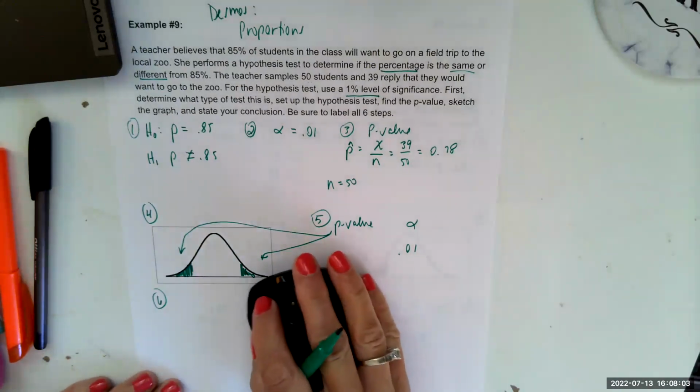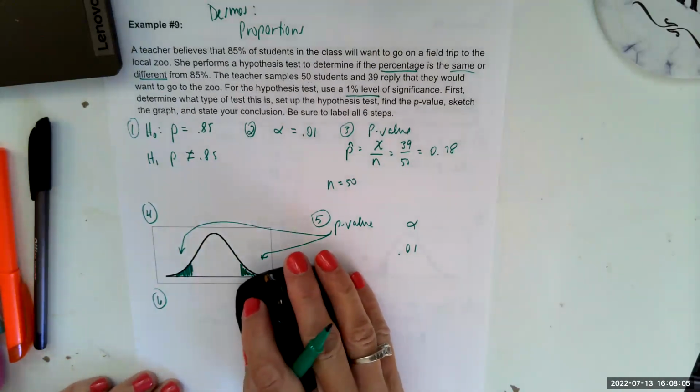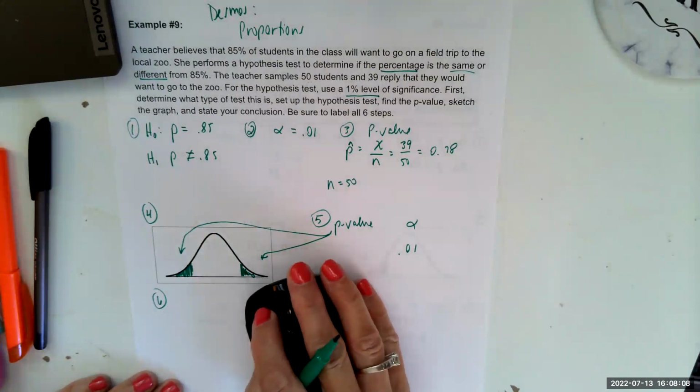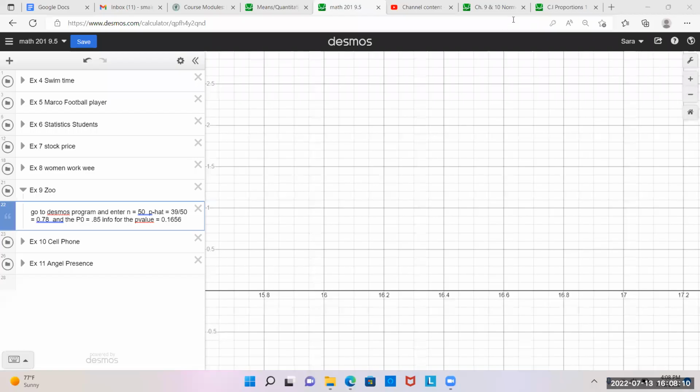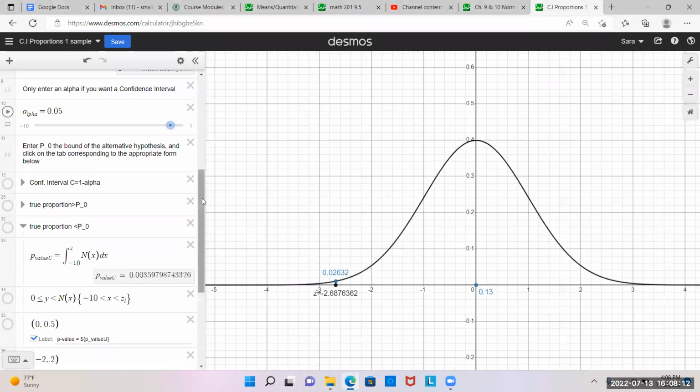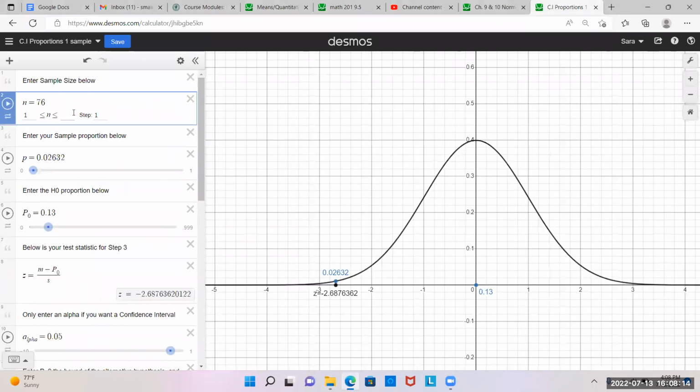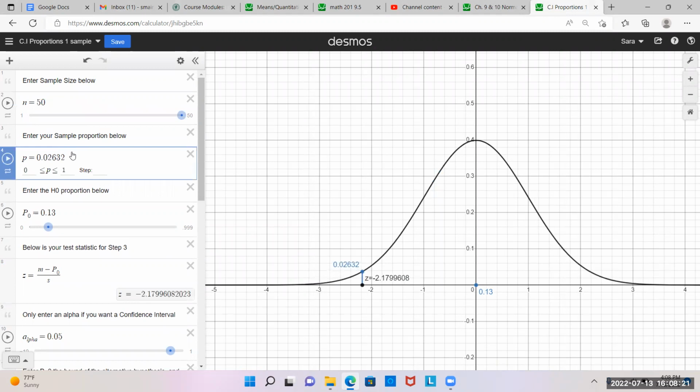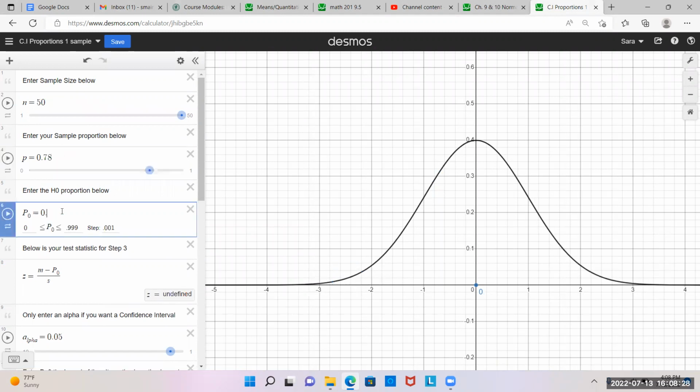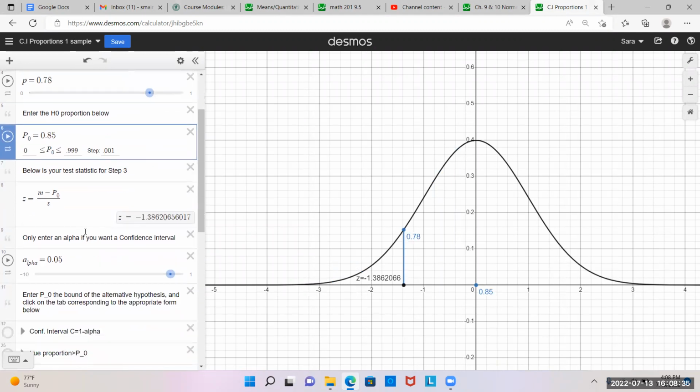So let's go. I'm going to show you what it will look like for proportions in Desmos. And it's this one here that we use in confidence intervals. It's for proportions. And so we're going to enter our sample size was 50. And our p hat, our sample proportion, is 0.78. And we thought from our history that it's 0.85 wanted to go, but it looks like a little bit less than what we thought want to go to the zoo.